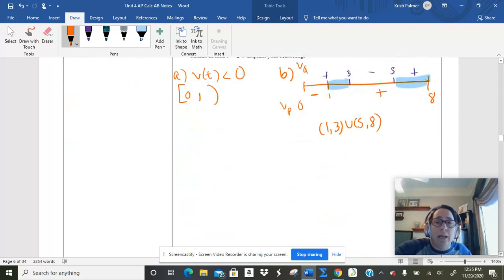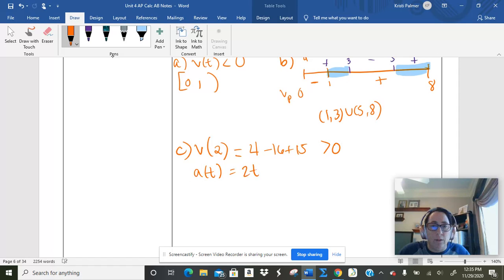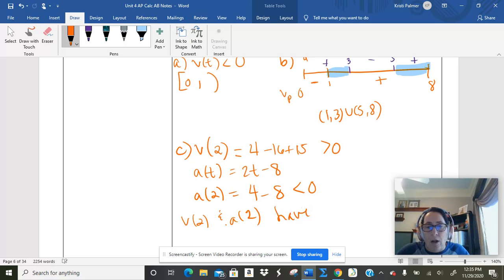But I'm going to do the way that I prefer, which is to find v of 2 and see it's greater than 0. Then I'll take the derivative, find a of 2, and see that it is less than 0. So v of 2 and a of 2 have opposite signs, and speed is decreasing at time equals 2.